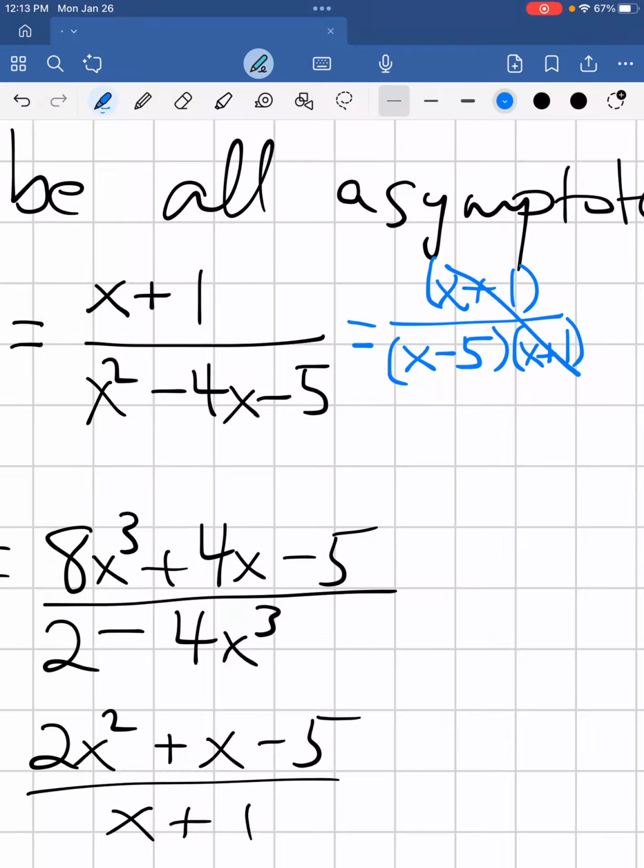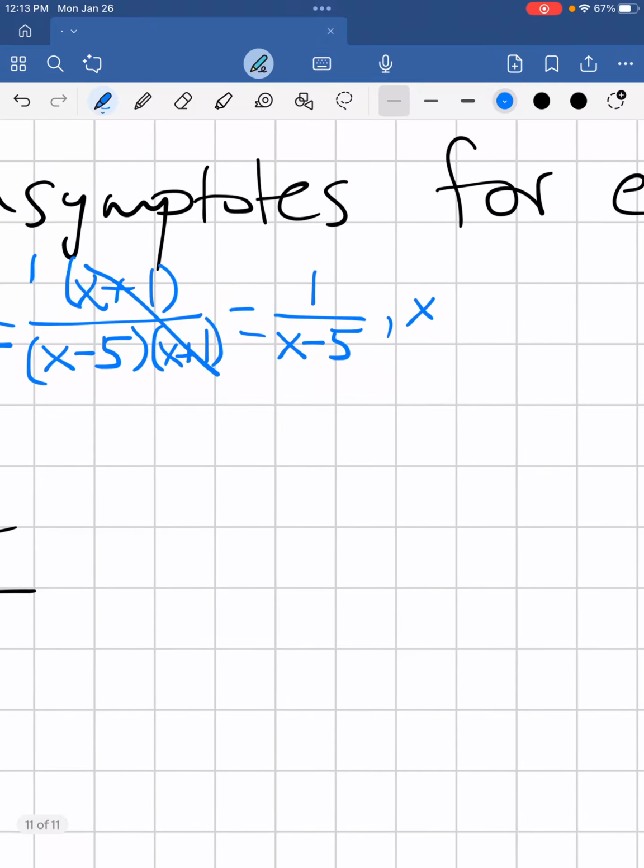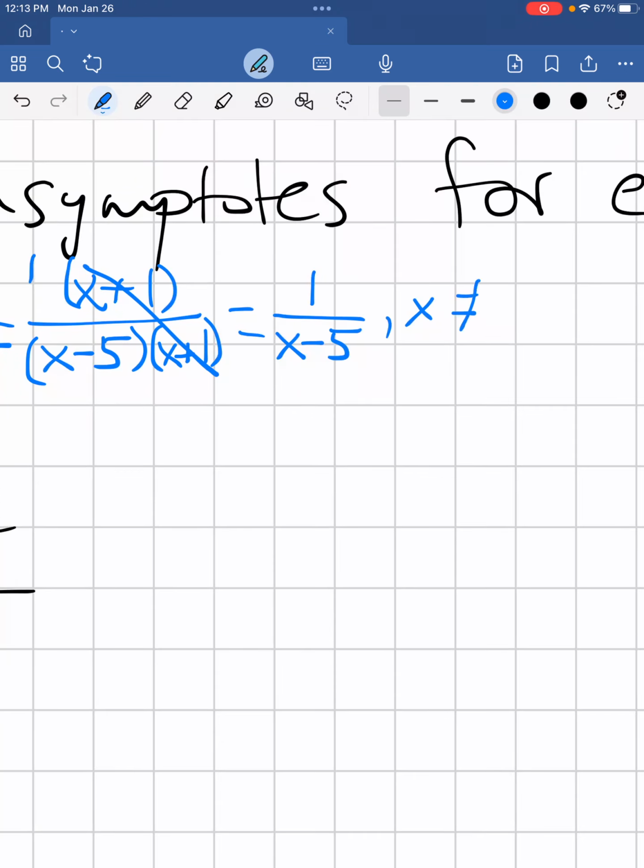So those divide, we leave behind a 1. And from the last video, we know that this means the graph of that function is going to look the same as the graph for 1 over x minus 5, with an extra detail here that x cannot be negative 1, because there's a removable discontinuity or a hole at that value of x.